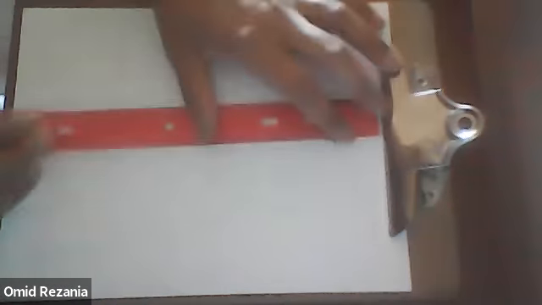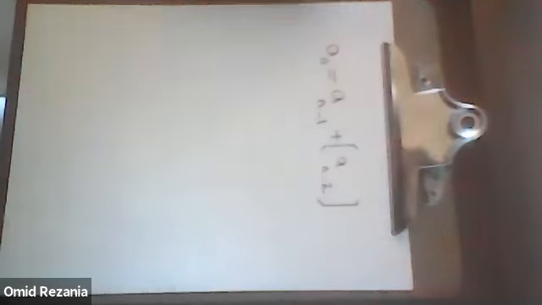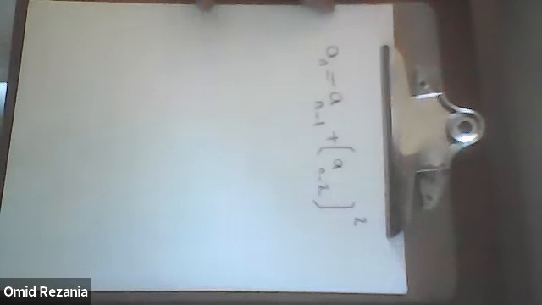I'm going to define the recursive element like this: AN is defined in a way that you take AN minus 1 plus AN minus 2, but everything should go to the power 2 for the second element.